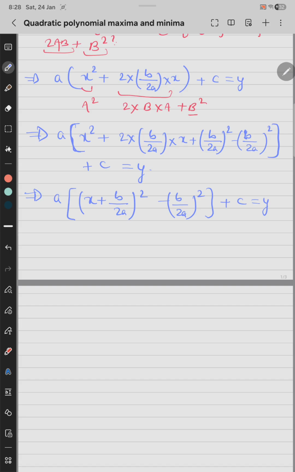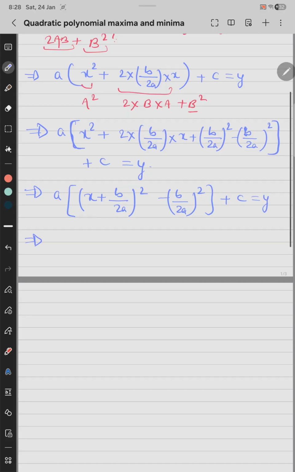So we have a into x plus b by 2a whole square minus b square by 4a plus c is equal to y.